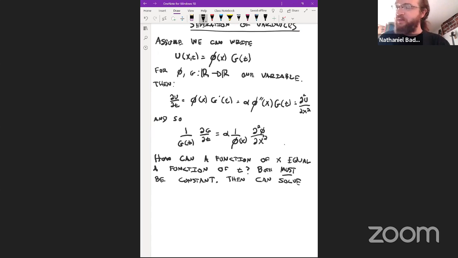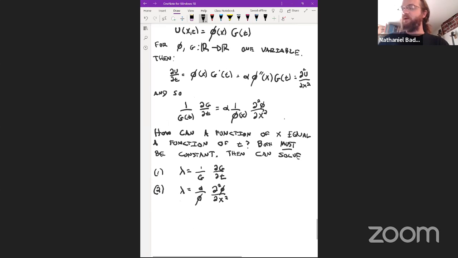Okay. And this is going to allow us to solve them. So what do we have? We can solve lambda equals, I'll call this 1, lambda equals 1 over g times dg dt, and lambda equals alpha over phi d squared phi dx squared.